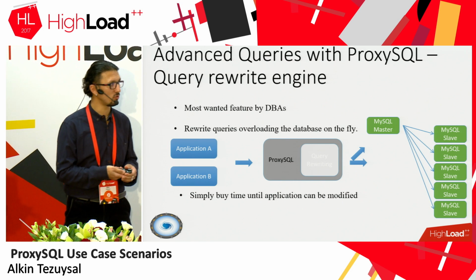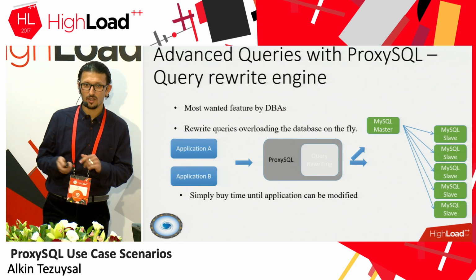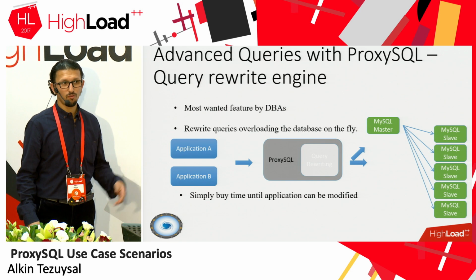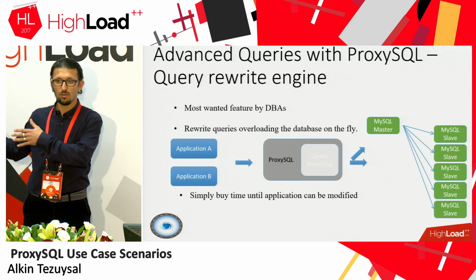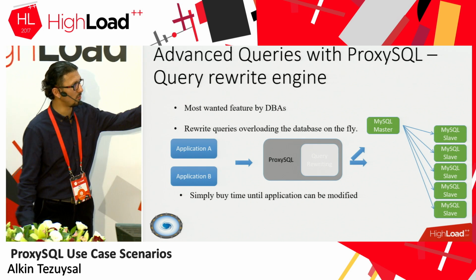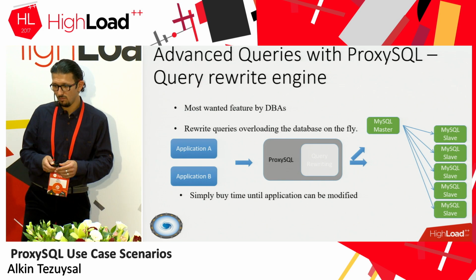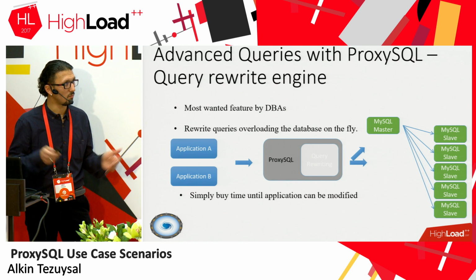There's a popular tool by Percona called pt-online-schema-change. Without locking the database, you can change it, but it may take time. For example, if you want to add an index or modify an existing index, your database operation will take time until you fix that problem. If I can do a query rewrite within ProxySQL, then you can do that in the background. Once it's done, you can just disable it, and it'll be perfect.